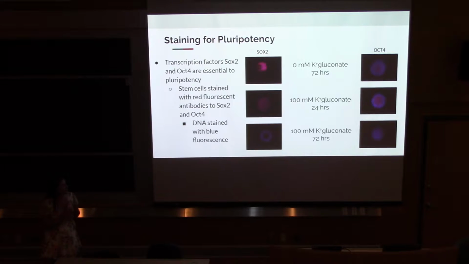And what we can see after 72 hours is that red fluorescence no longer remains, meaning that the transcription factors are no longer present in these stem cells, and thus, these stem cells have lost pluripotency. Now, what these findings suggest is that an increase in intracellular potassium concentration in stem cells leads to a loss in pluripotency, which would open the doors to countless possibilities in the field of bioelectronics.